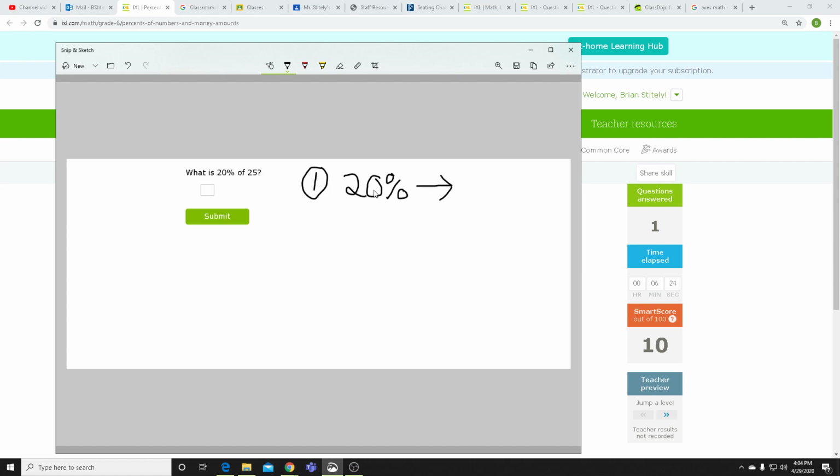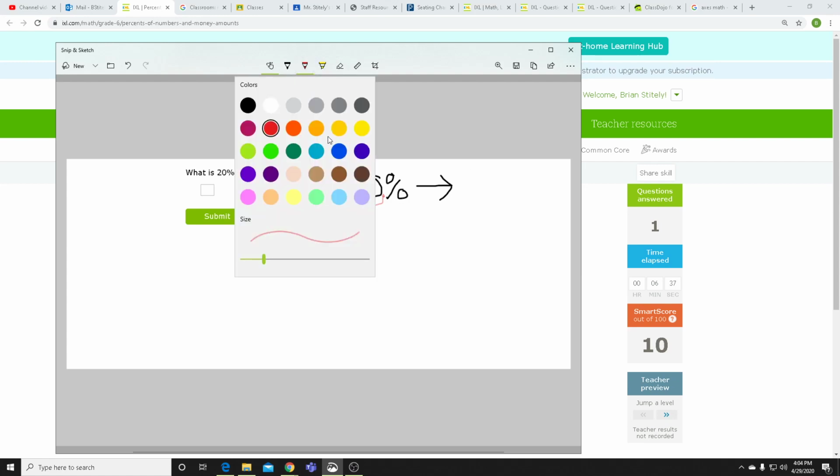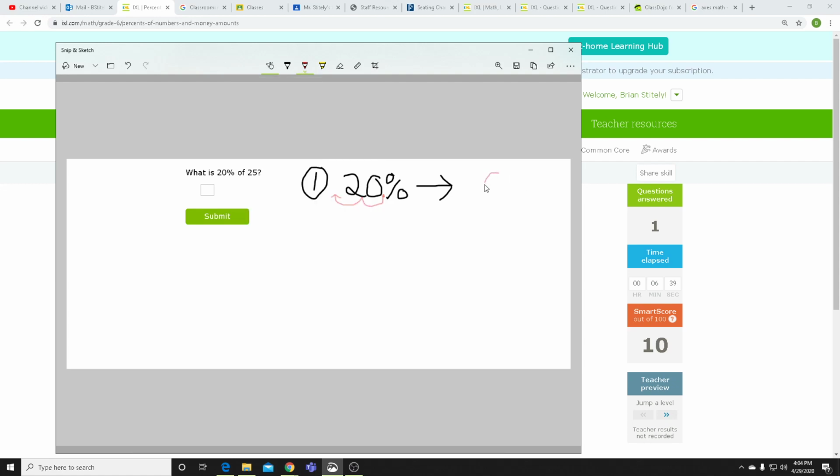Okay, so we know that the decimal is right here. So we're going to move it over 1, 2 times. That means that in decimal form, 20% would be 0.20.